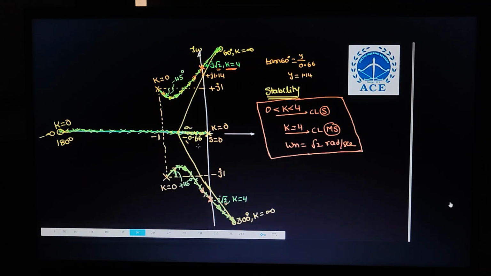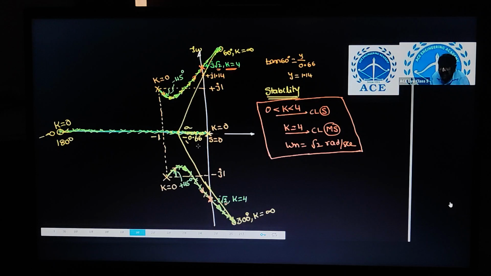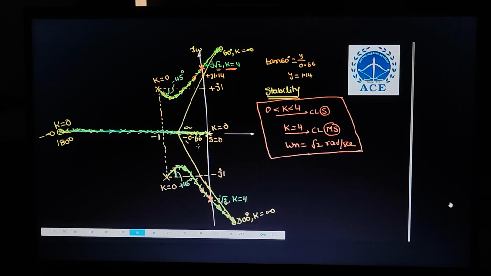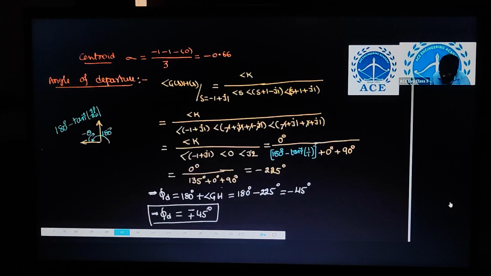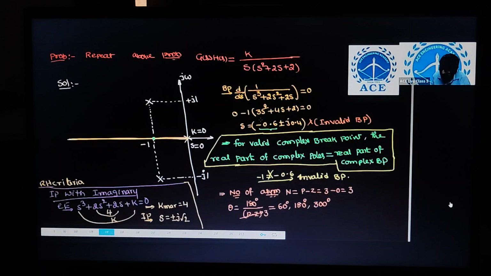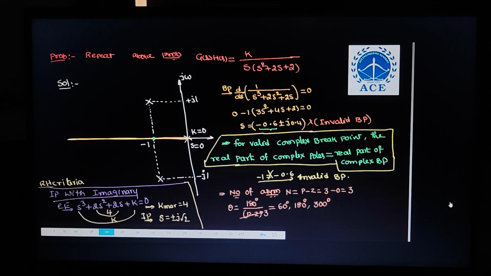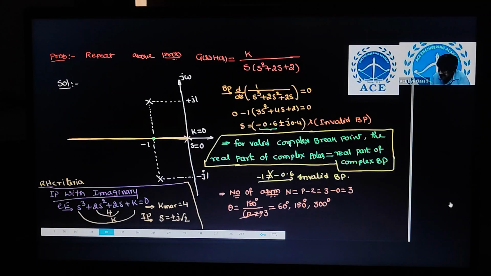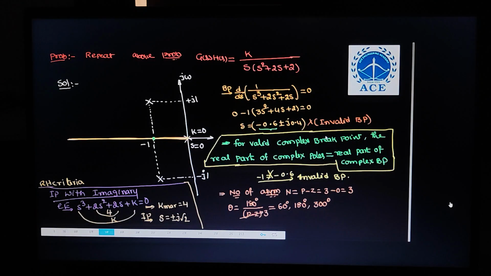Sir, when we calculate the break-in and breakout points, we already calculated the centroid, right? Break points I calculated first. Sir, when we calculate break-in, breakout and centroid points, it is confusing.